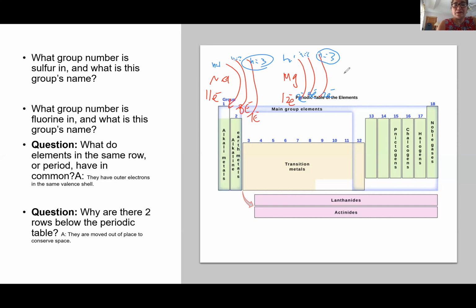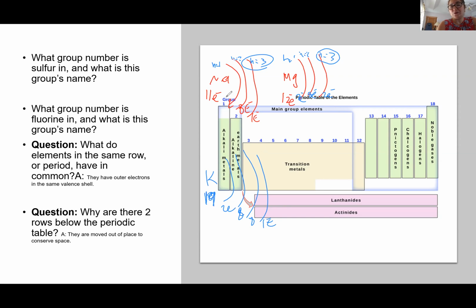If you bring in potassium, potassium has 19 electrons. Sorry, I wrote potassium and I was thinking of calcium. So you have 19 electrons. With the 19 electrons, level 1 would take 2 electrons, level 2 would take 8 electrons, level 3 would take 8 electrons, and level 4 would take 1 electron.